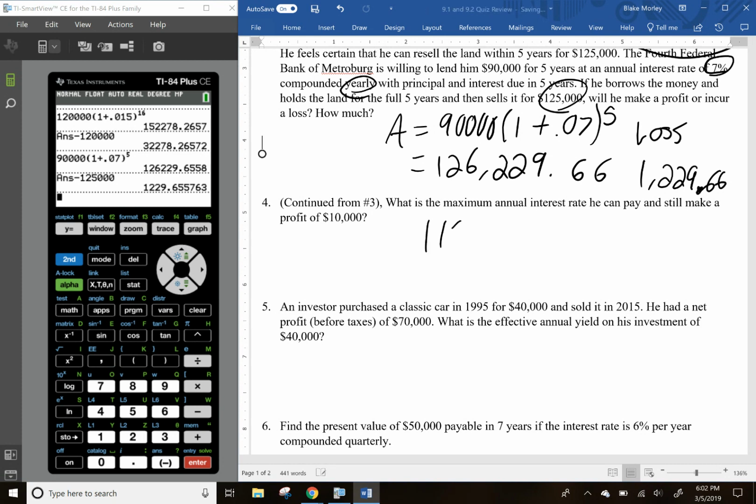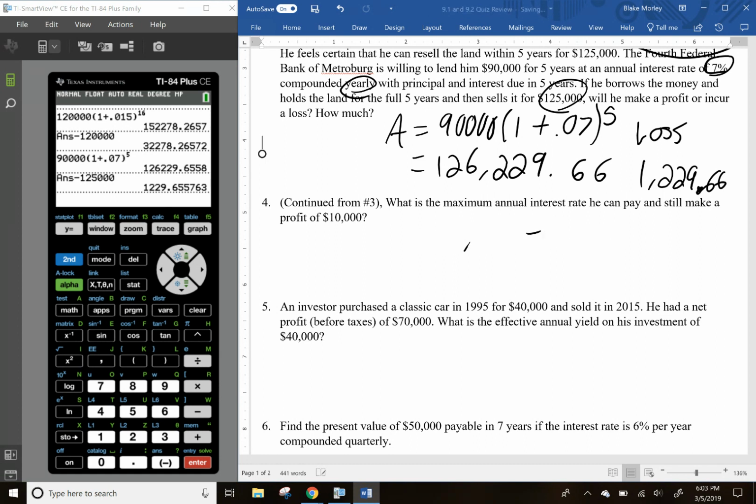If I owe the bank $115,000 and then I keep $10,000 to myself, there you go. Then that totals up. That's my $125,000 sale broken up. I sell the land for $125,000, I keep $10,000 of it for profit, and then I pay the bank back the $115,000.